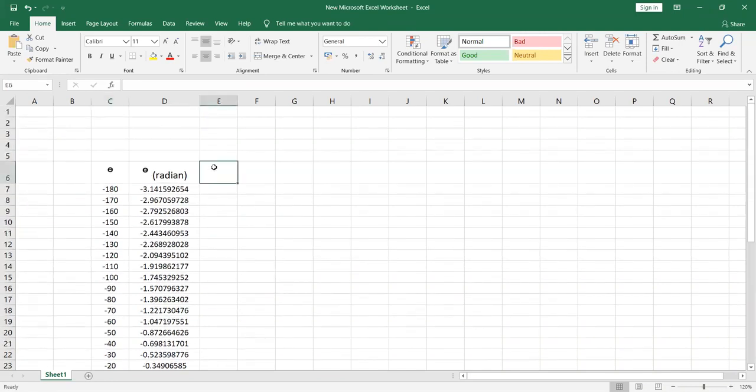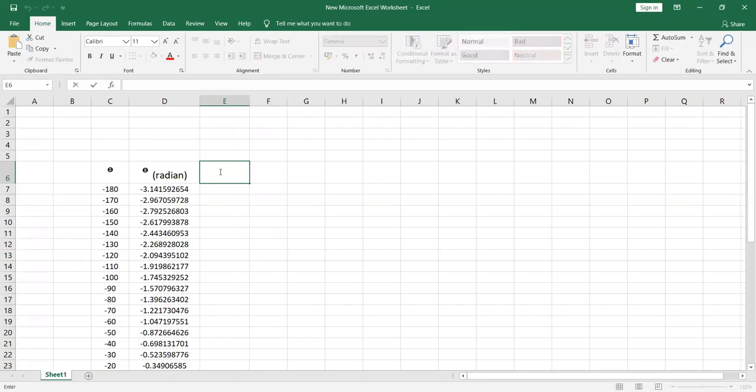Then next, for the circle, in the first column we have to take the value r cos theta, like this. Increase the width of this r cos theta column.